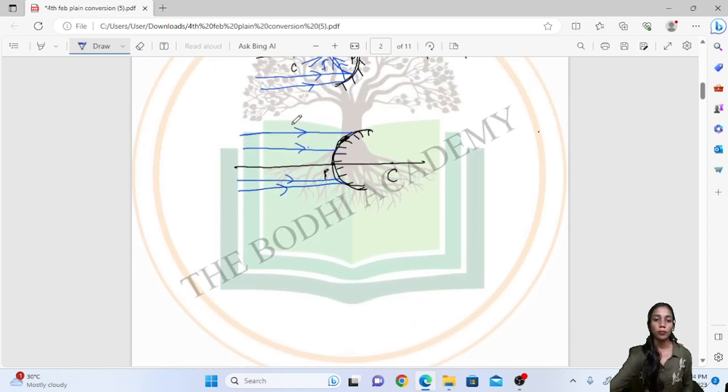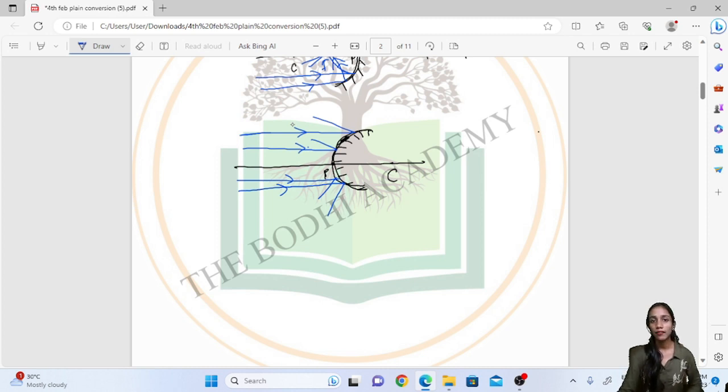Now but in this case, after being incident on the mirror, after reflection they appear to diverge. They appear to diverge, means they are not converging, they are diverging. Diverging means going away. But they are diverging from a point which is present on the principal axis.